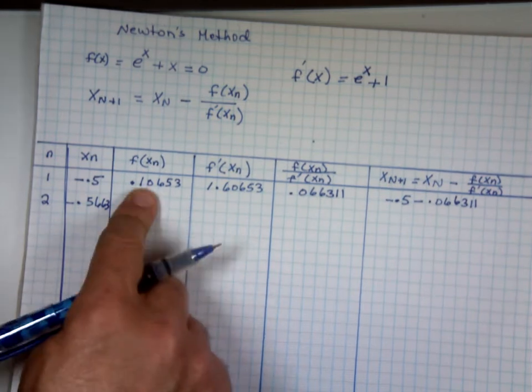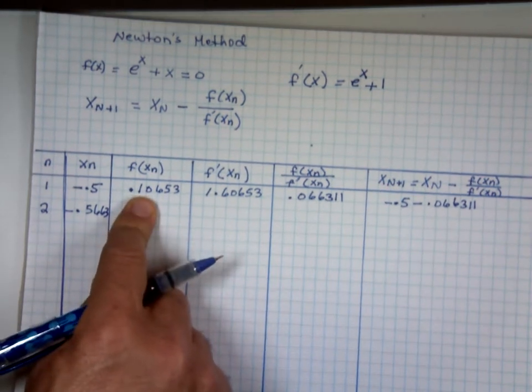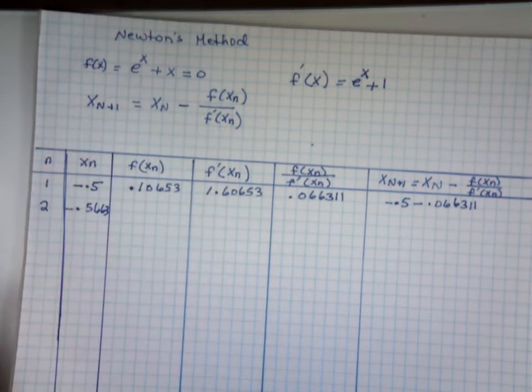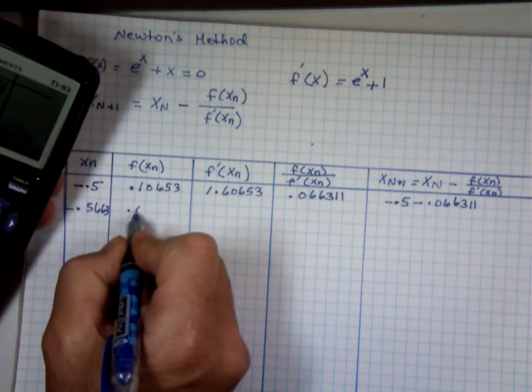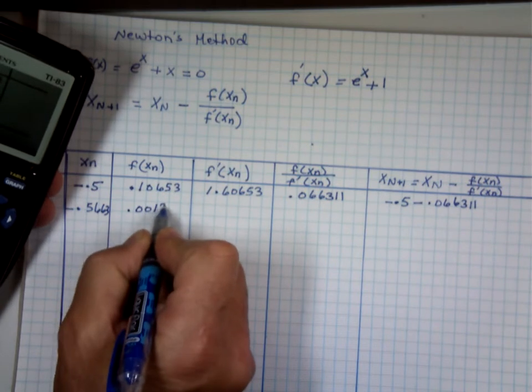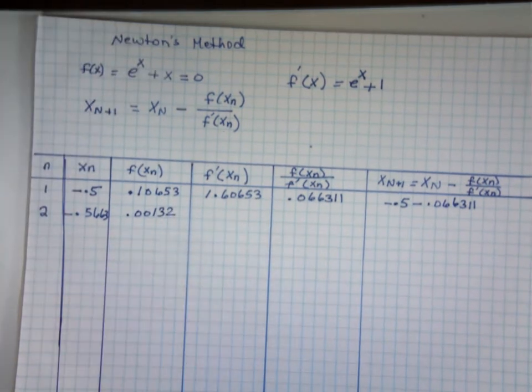Is that a solution? Plug it into f of x of n. Negative 0.5663. And I got 0.00132. That's almost a 0.